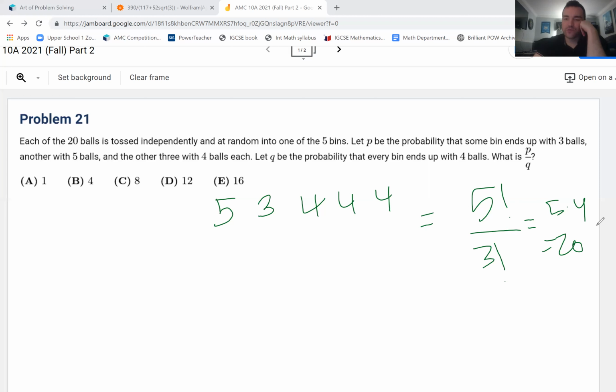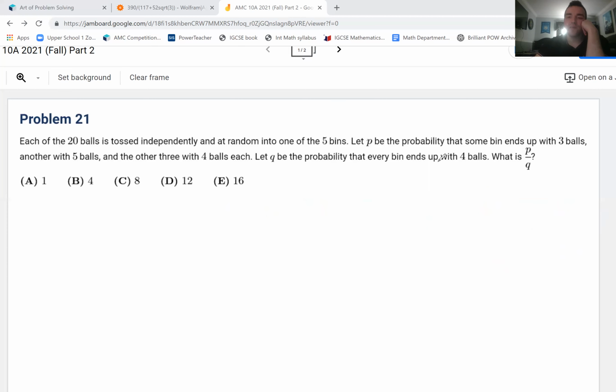So my original answer was 20, but looking back, that doesn't make sense because we have to also consider the likelihood of these 2 events occurring. In other words, how much more likely is it for you to get that 3 5 4 4 4 arrangement as opposed to a 4 4 4 4 4 arrangement?